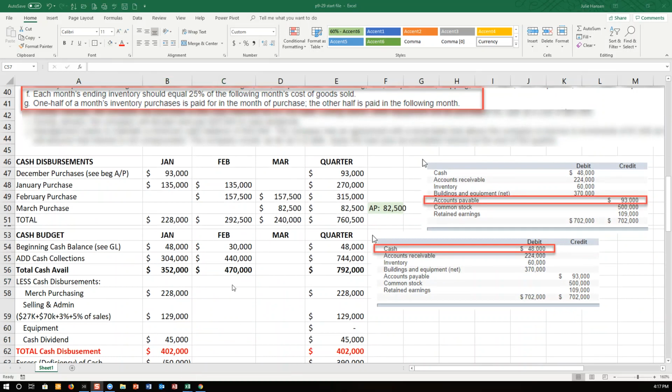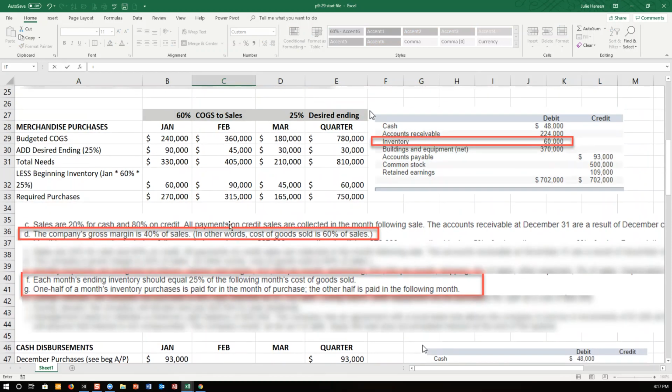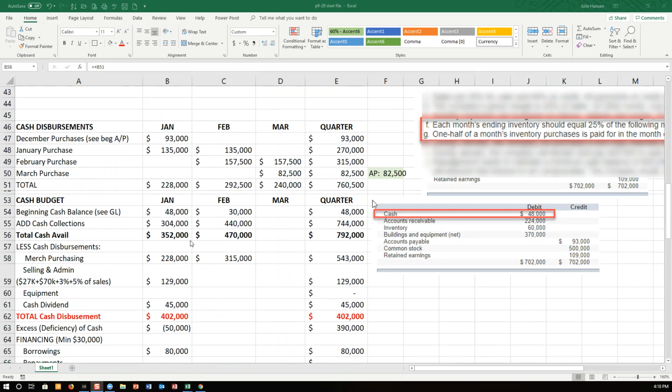My merchandise purchases for February would be 315, and then I'm going to take, actually, I grabbed the wrong thing. They are actually coming from my cash disbursements right here, not from my purchases. And then my selling and administrative is going to be that same 27,000 plus the 70,000.